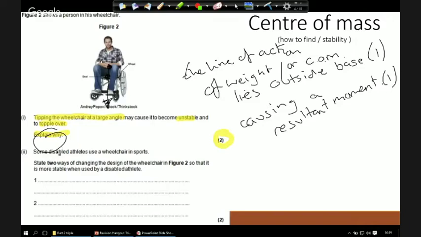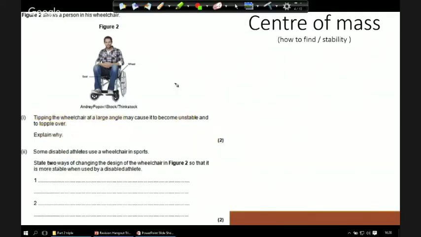Okay, so for the next 2 marks, for the next question: some disabled athletes use a wheelchair in sports. State 2 ways of changing the design of this normal wheelchair into one which would be used for sports. Okay, so to make it more stable, well, we know that how high up the center of mass is affects the stability, and also the size of the base.